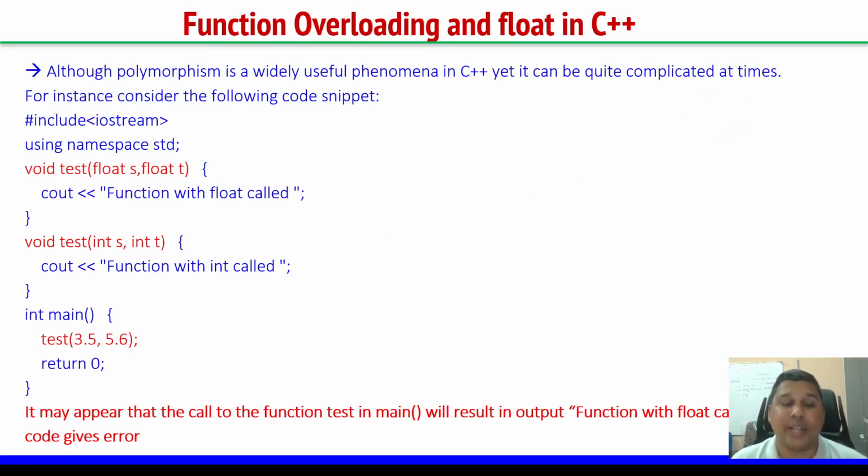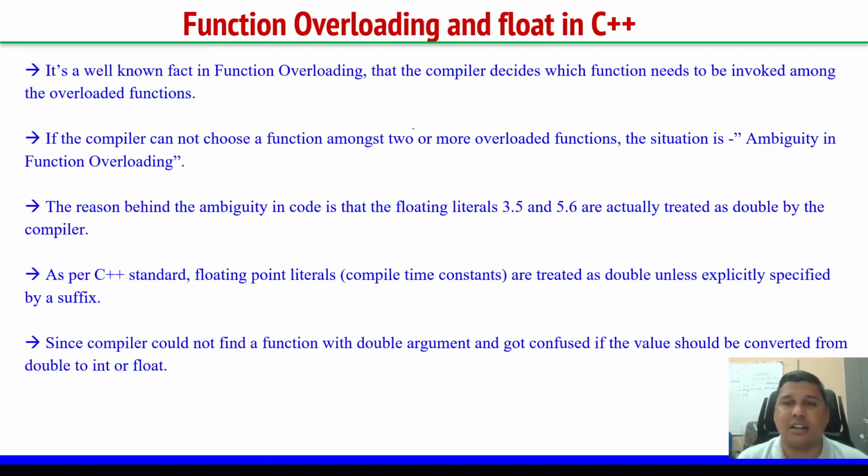Okay, but how do we rectify this? What is the fact here? When there are same function names, there is ambiguity. Floating point literals are treated as double unless explicitly specified by a suffix.